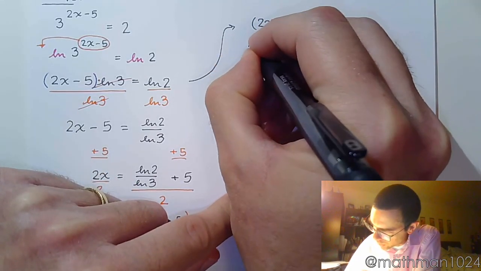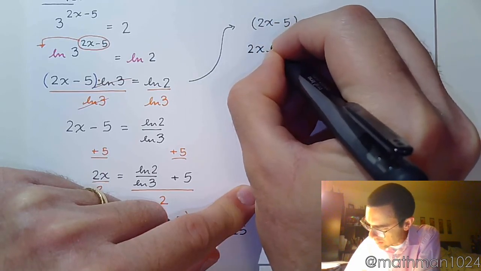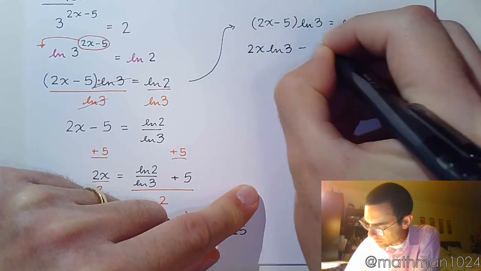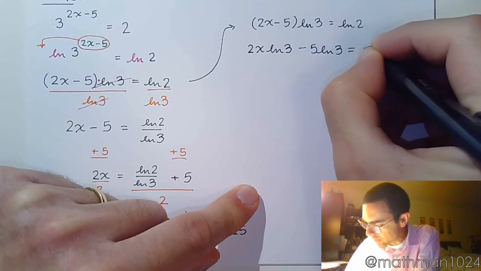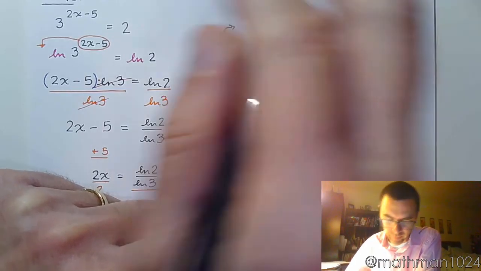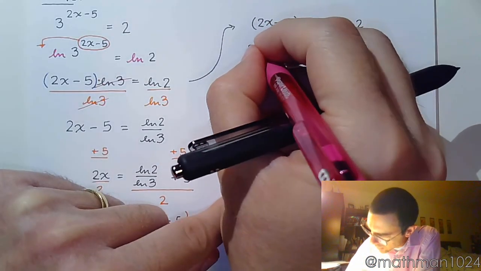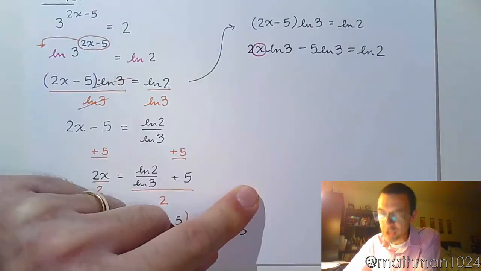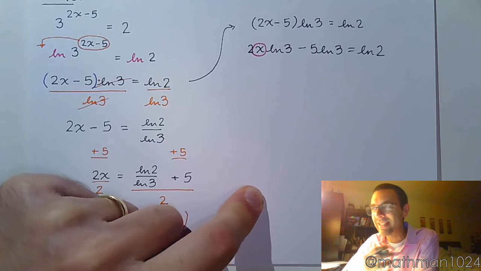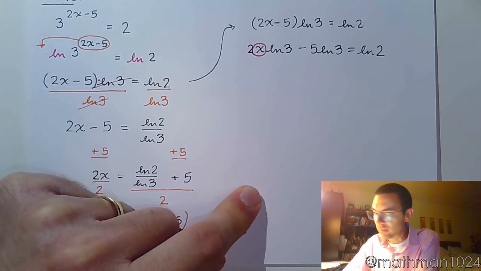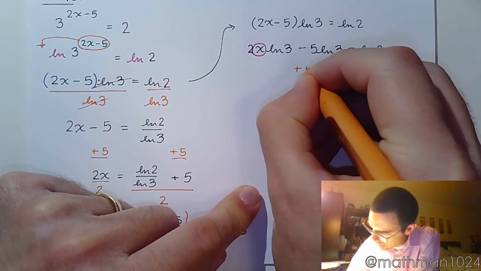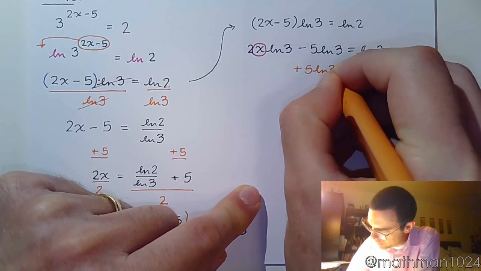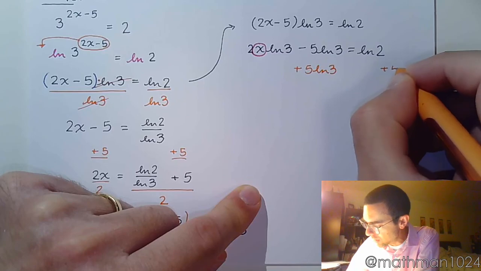When distributing, you would have had 2x times the natural log of 3 minus 5 natural log of 3. Please make sure that you focus and you understand that this is the only place you see your variable. So now let's take that guy and start getting it by itself. And of course, the first step that you would do would be to move 5 natural log of 3 to the other side.